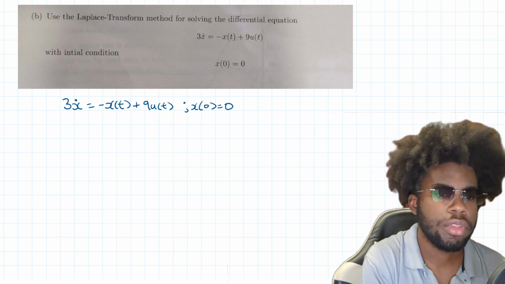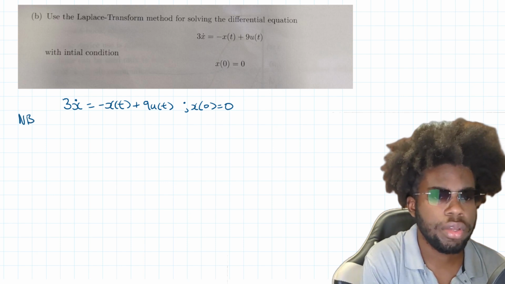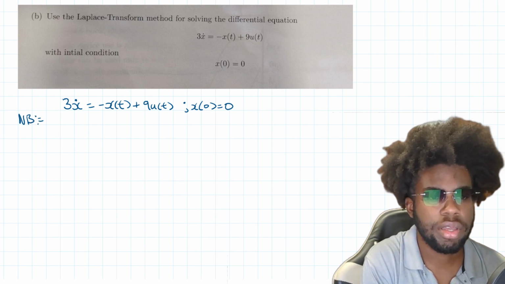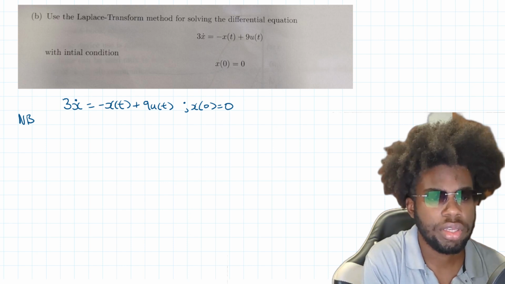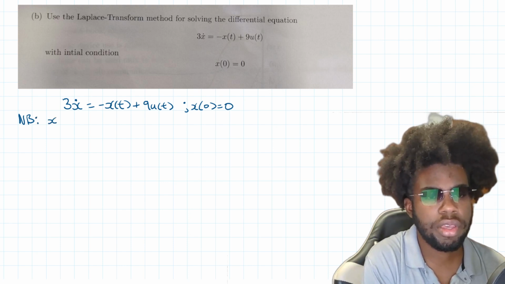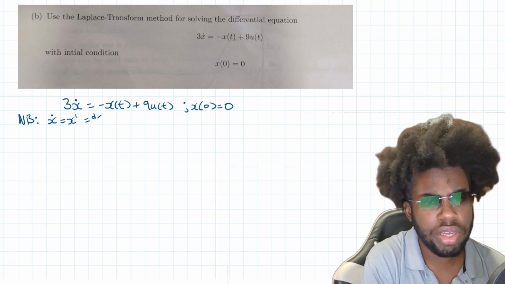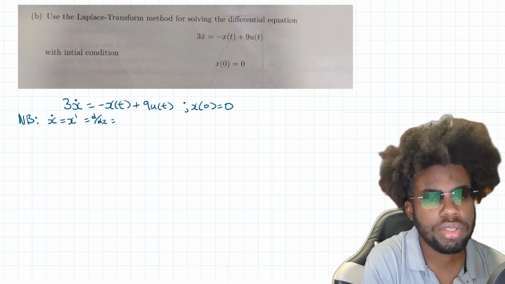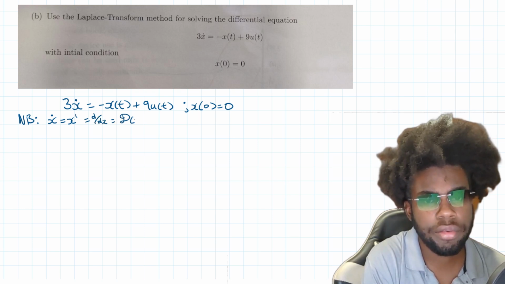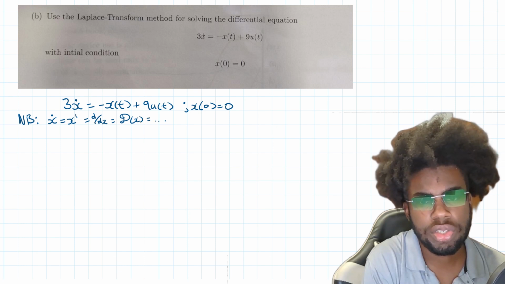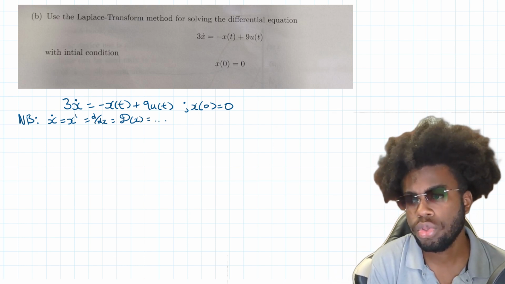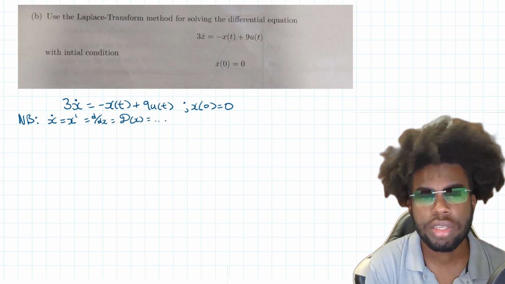All right, let's note that x dot is the same thing as x prime, which is the same thing as d by dx, which is the same thing as big D of x, however you note the derivative of x.